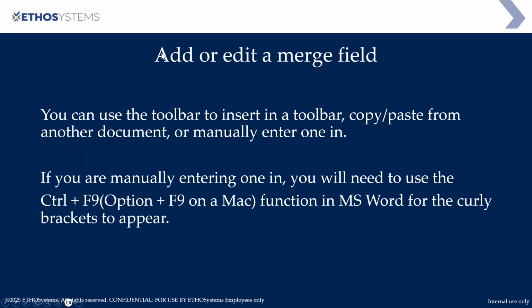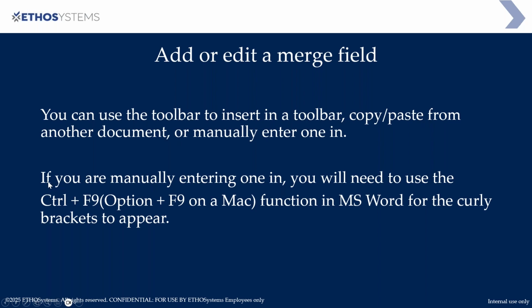All right, so this is where I skipped ahead. So add or edit a merge field. You can use the toolbar to insert, copy paste from another document, or manually enter one in. That's kind of what I talked about earlier, the different options to add or edit a merge field.